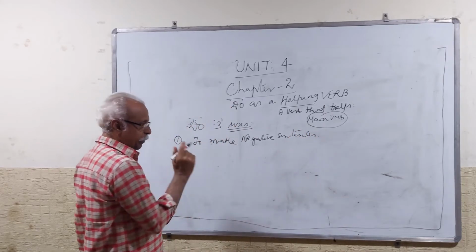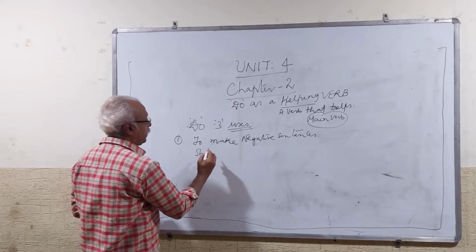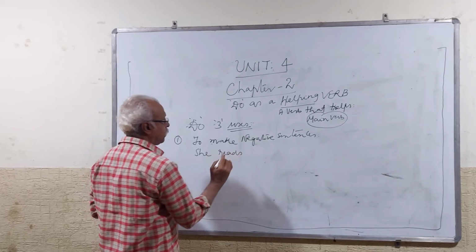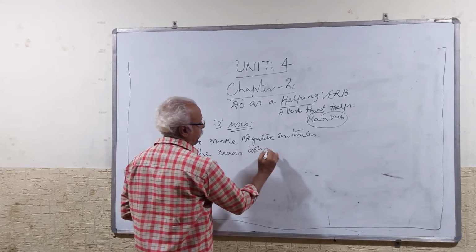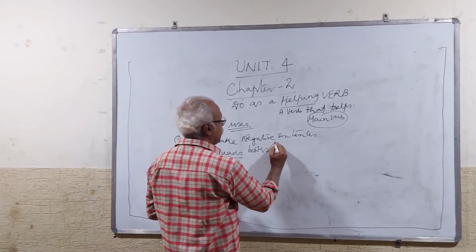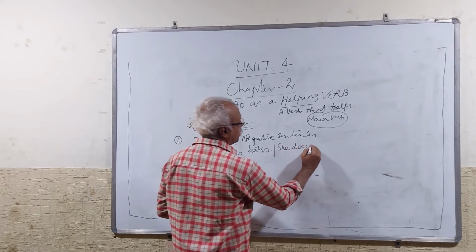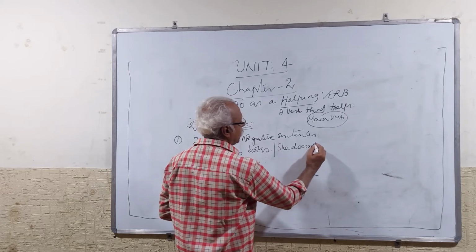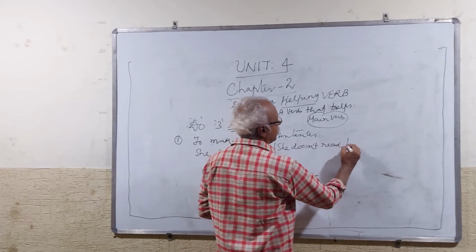How? Let me give some examples. She reads books. What's the verb here? Reads, then. Its negative is she does not, or doesn't also can say, doesn't read books.